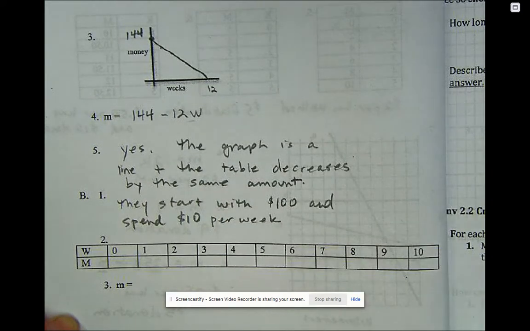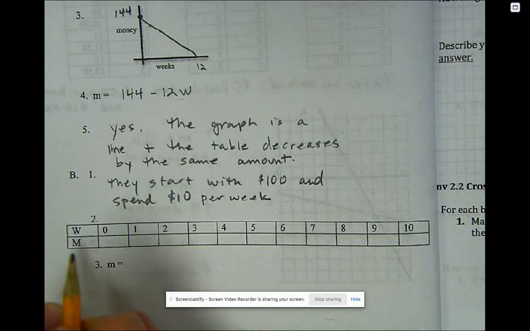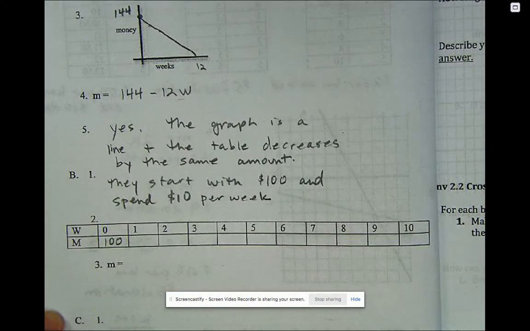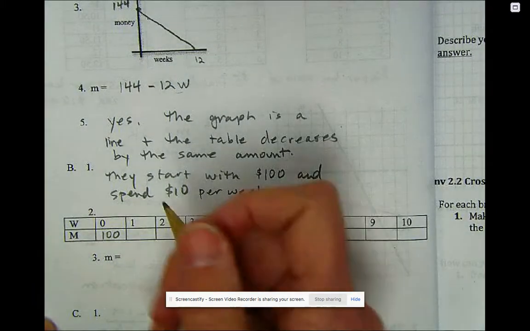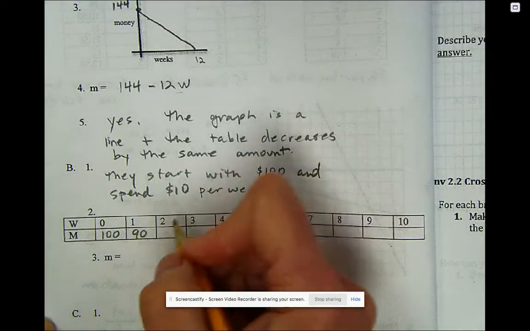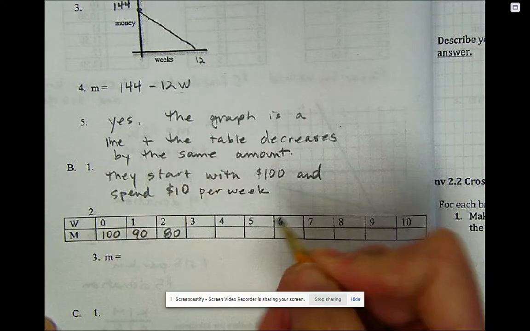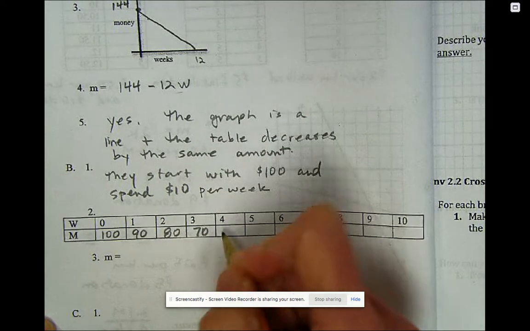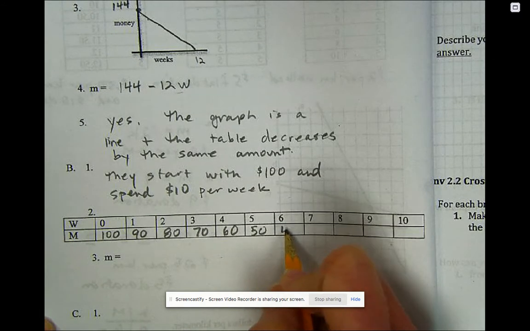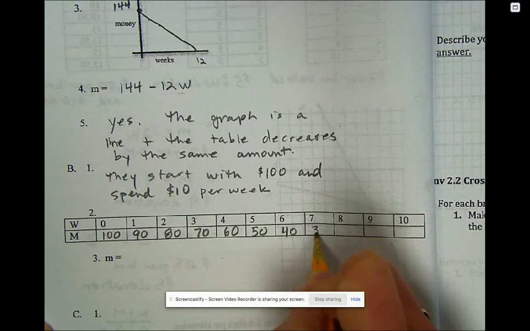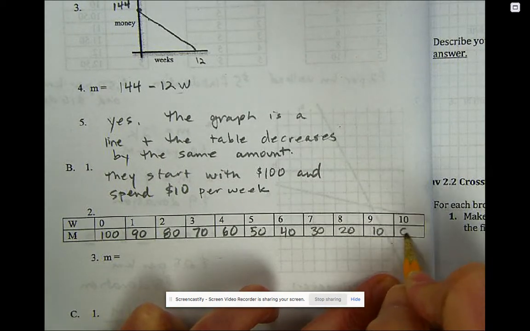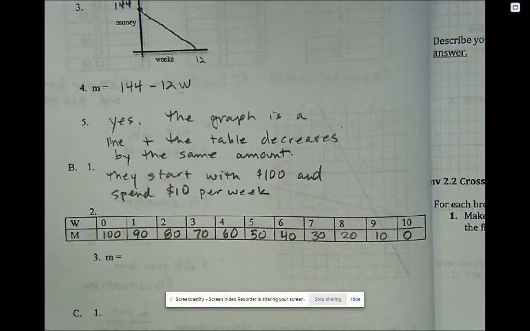Okay, so then question 2 says make a table. So in week 0, how much did they start with? $100. Okay, and then week 1, they've spent $10, so now they've got 90. In week 2, 80. Okay, 70, 60, 50. Just keep decreasing by 10. Okay, and eventually after 10 weeks, they would have no money left.